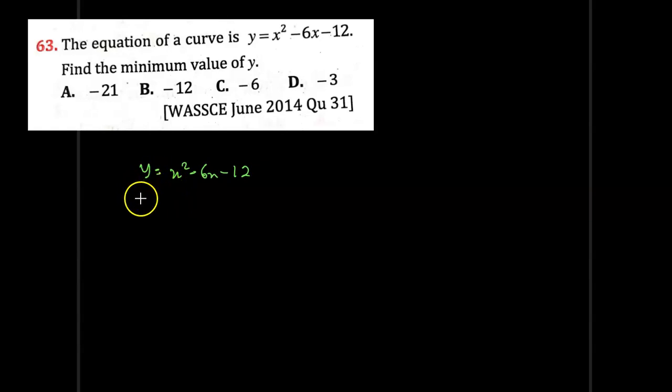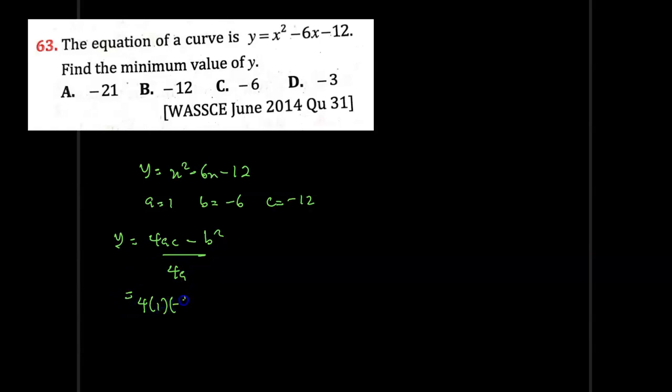So I believe you've had an answer to the question. And how did you get it done? a value being 1, b value -6, c value -12. Substituting it into y equal to 4ac minus b squared all on 4a, we are going to have 4 times 1 times -12, then minus -6 squared divided by 4 times 1.